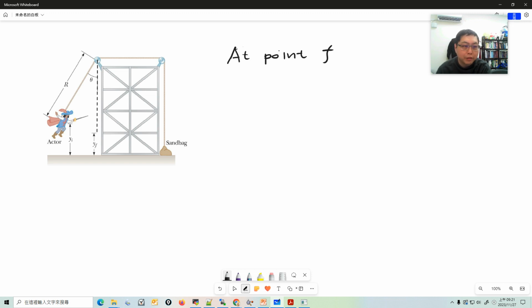Let's start from the simple one, the sandbag. At point F, the sandbag is here.